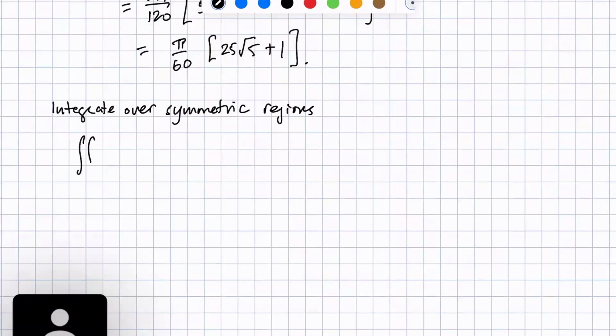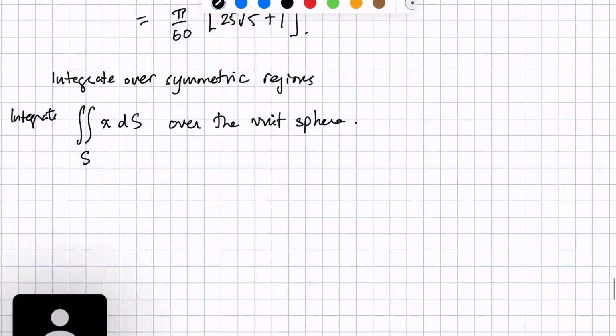So suppose that I'm asking you to integrate x dS over the unit sphere. Now, the unit sphere is very, very symmetric in all directions.